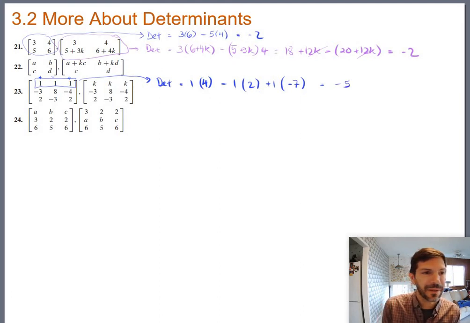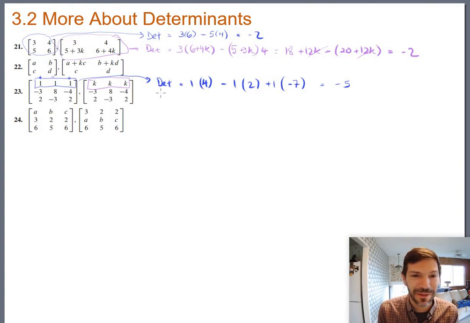So notice what happens on the second one. I'm going to expand across the top row again. And notice all that really changes is instead of 1, 1, 1, I've got k, k, k. But the important part here is that the cofactors are still the same.